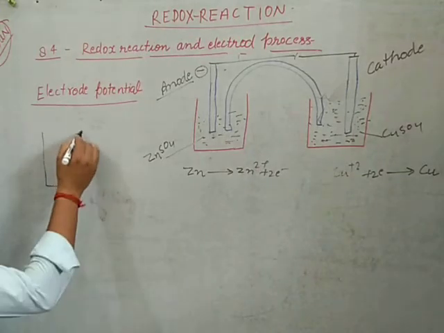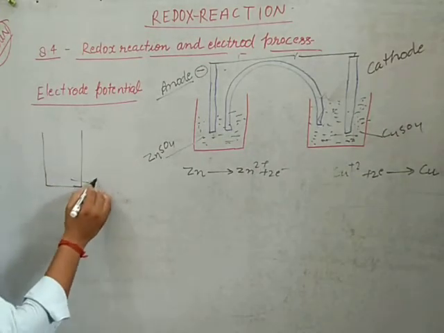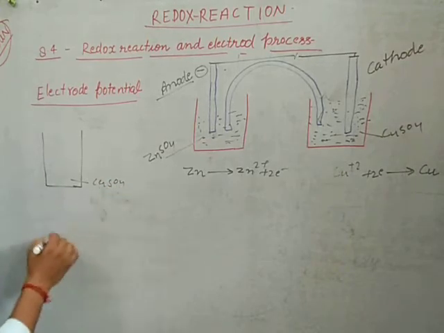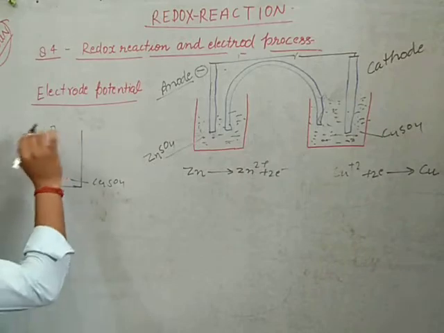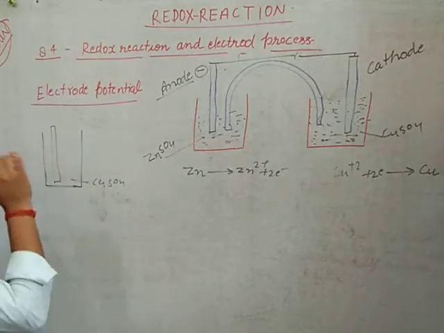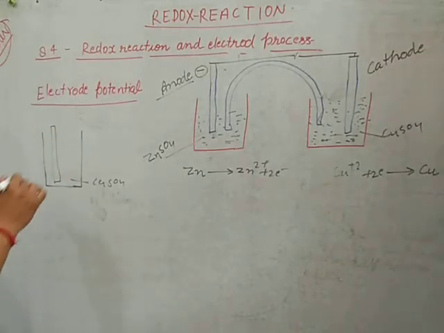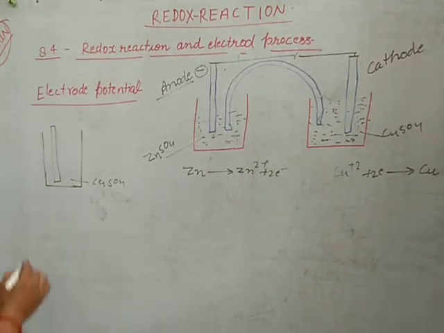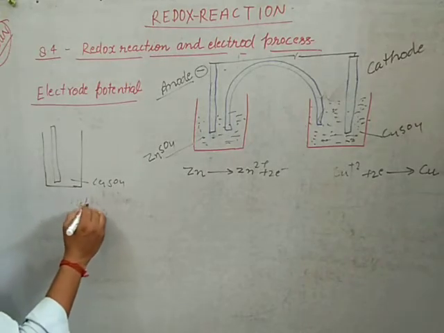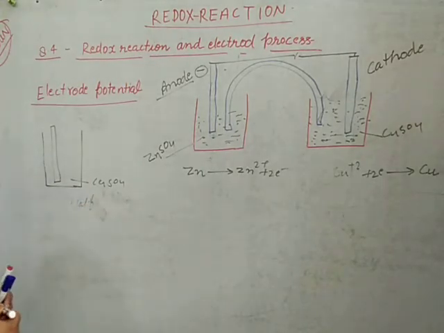I have taken one solution, this copper sulfate solution, and one copper rod I dipped in it. You know that if we dip a copper rod, some reaction will take place, and this is a half reaction.